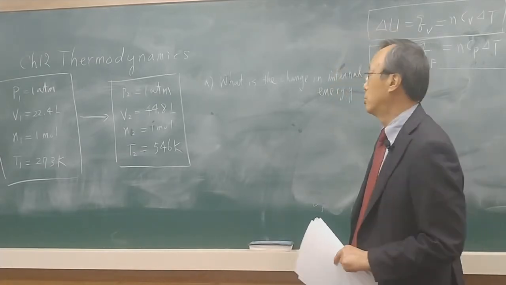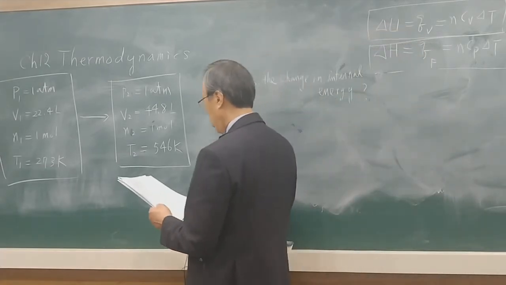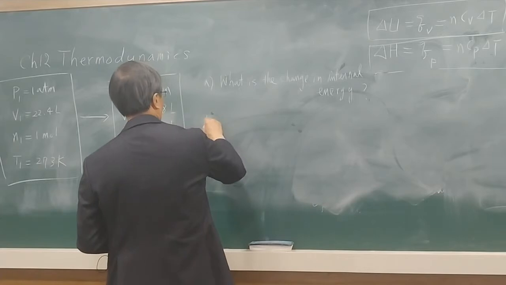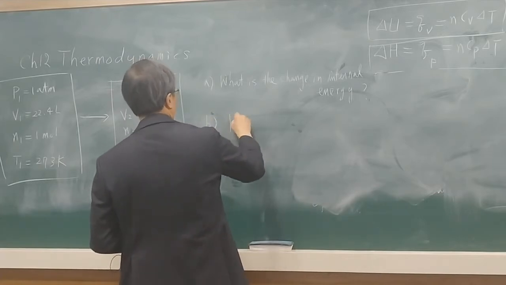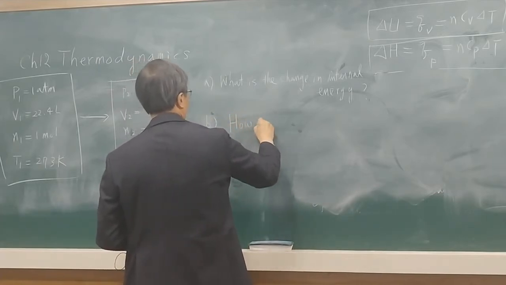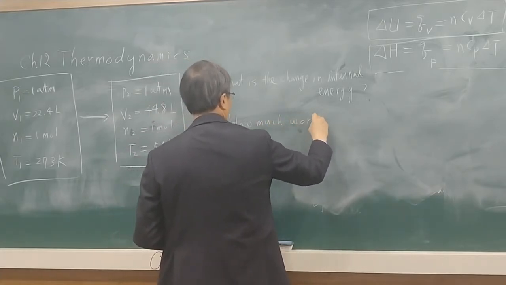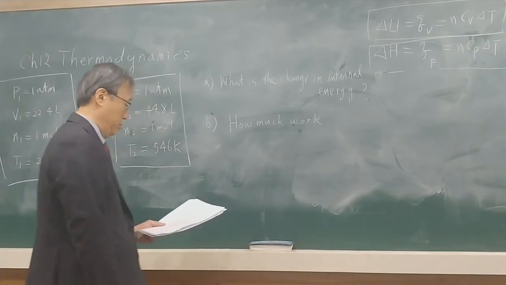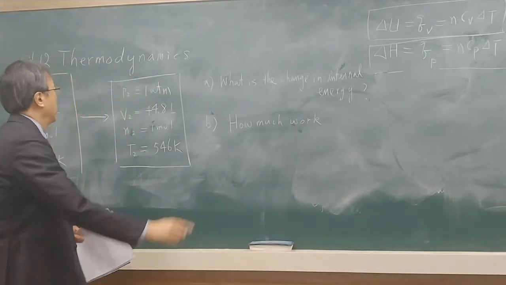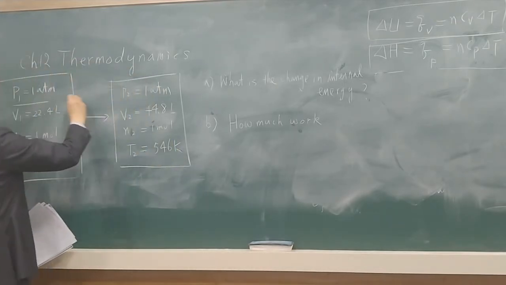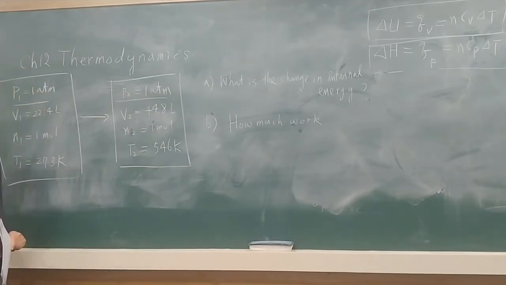So what is delta U? The second question is, how much work is done on the system? The external pressure was maintained at 1 atmosphere.